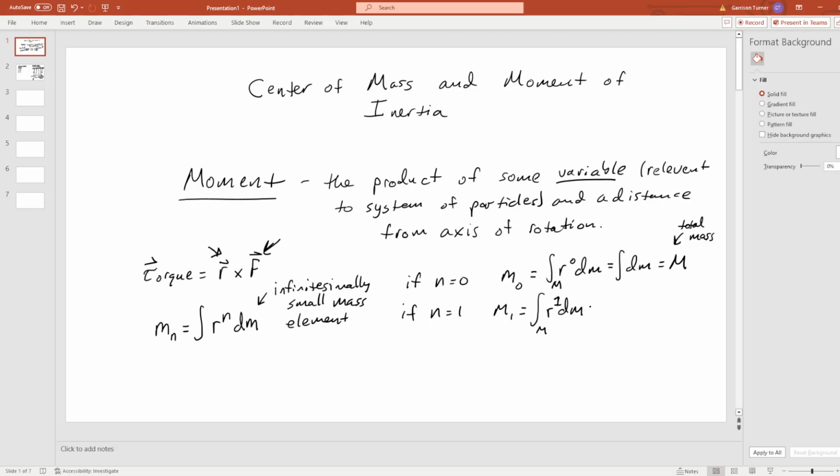Now, this quantity by itself isn't a terribly useful quantity in and of itself, but it does appear in the calculation of the center of mass. Okay. So this is the numerator in the center of mass calculation.